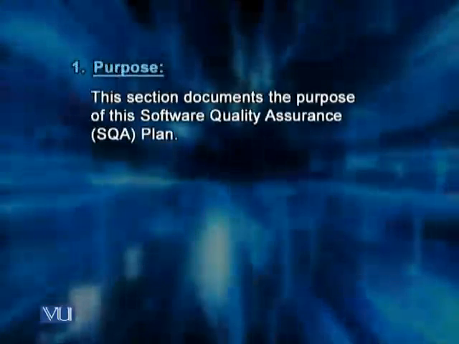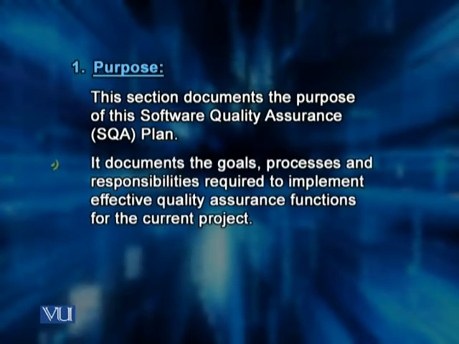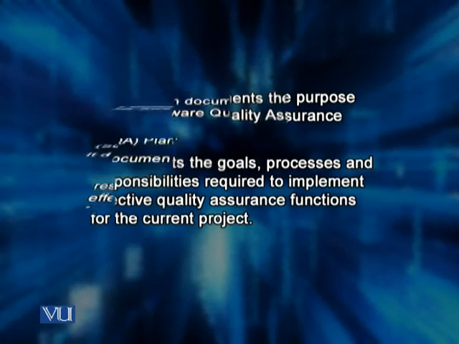This section documents the purpose of the SQA plan for a project. It documents the goals, processes, and responsibilities required to implement effective quality assurance functions for the current project, for the project for which the SQA plan is being prepared or documented.